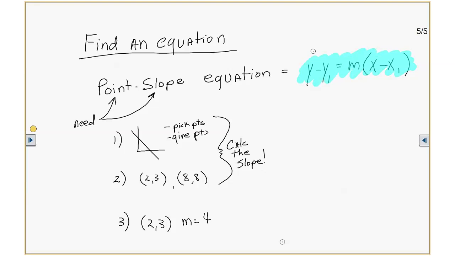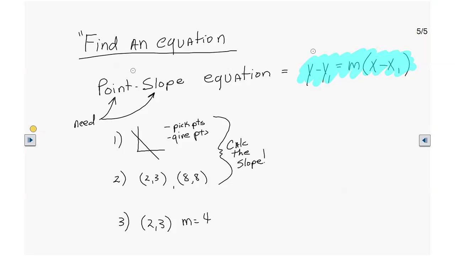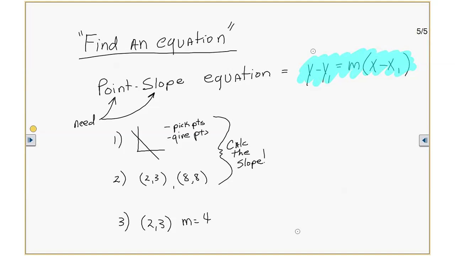So with these two type questions, if the directions say find an equation, those are the key words, you're going to have to use the point-slope equation. But in the first two type problems, you don't have a slope, so you have to calculate. So we're going to use number 2. I want you to find that slope, because I've shown you how to do that.